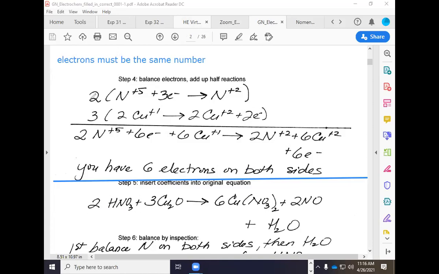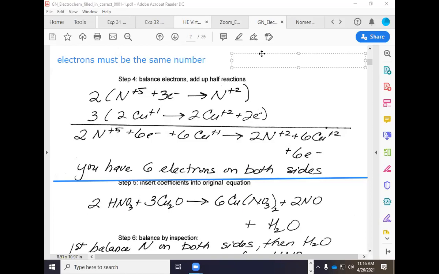So we're going to multiply this by 2 because then we can get 6 electrons here. And we'll multiply this by 3 so we can get 6 electrons here. And then we do the distributive property. All the reactants stay on the reactant side. All the products stay on the product side.